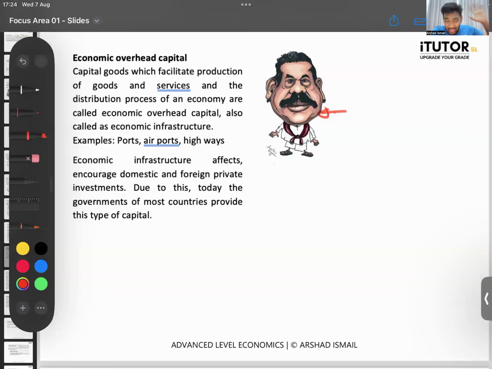Maybe not only foreign investments, though mainly foreign, but even domestic investments, Lavan. Now, as a firm, will I start a factory somewhere very far if there are no proper road facilities? Will I start an exporting factory if there is no proper harbor to send my goods? No. So you have to have economic overhead capital to attract investment.